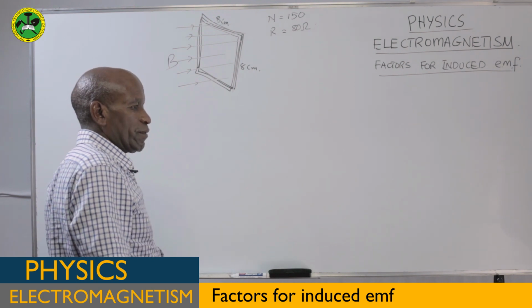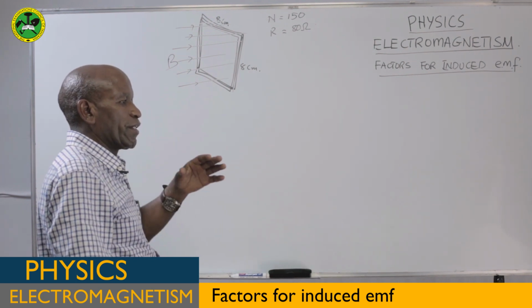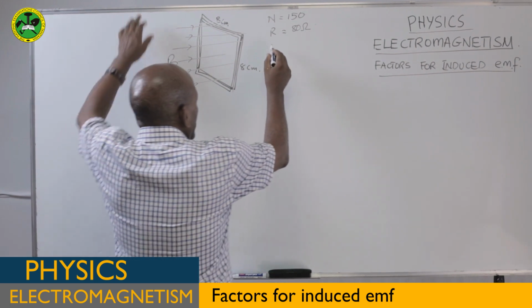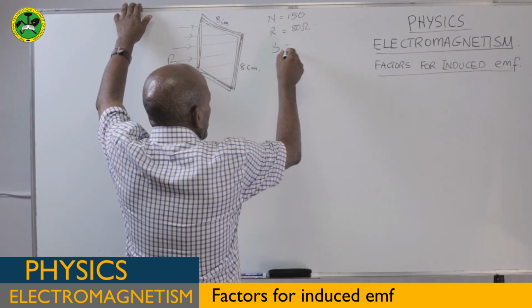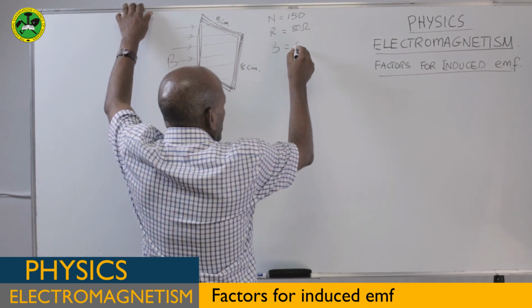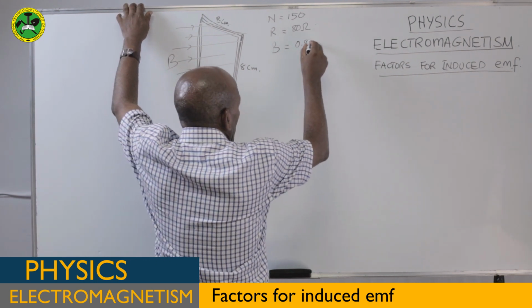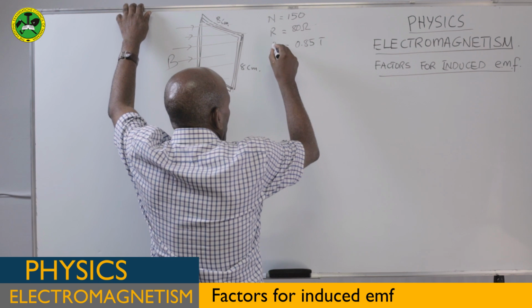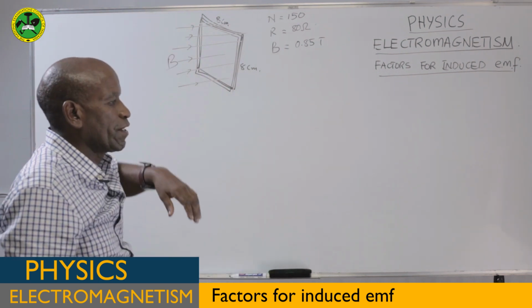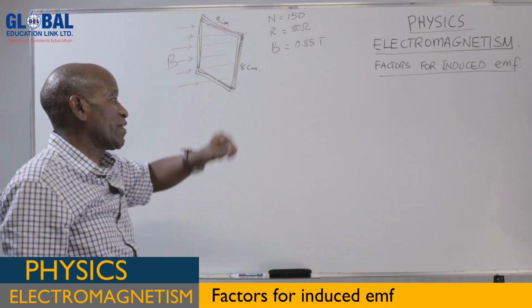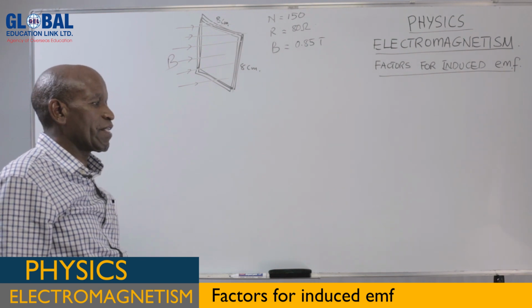And we are given that this particular magnetic field B is of 0.85 Tesla, a flux density of 0.85 Tesla.